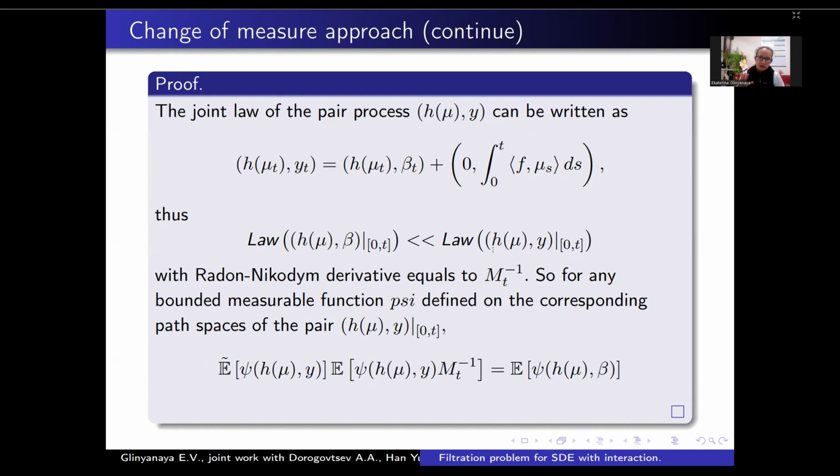Just to work not with measure valued processes, but with these real valued processes. And Y_t is the observable. Y_t is the observable process, right? Okay, thank you.